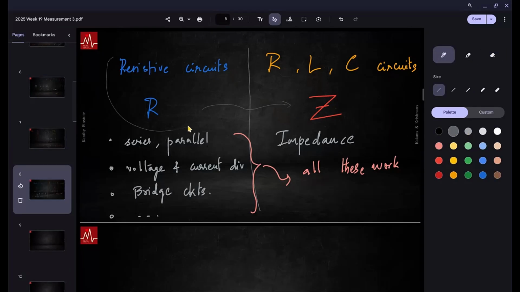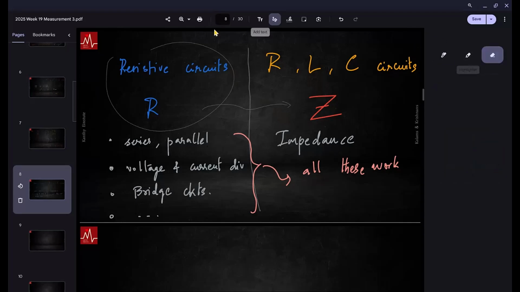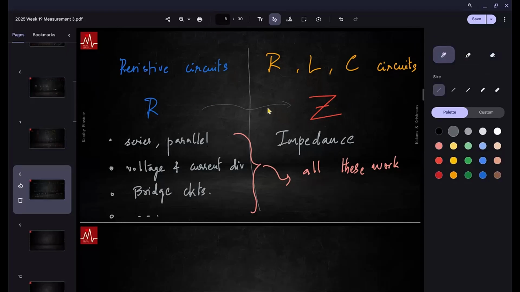We dealt with this. We have learned this. Going here, you just need one tool that is complex numbers, which is what I just told you, right? So all this works, very powerful. Impedance instead of resistance.